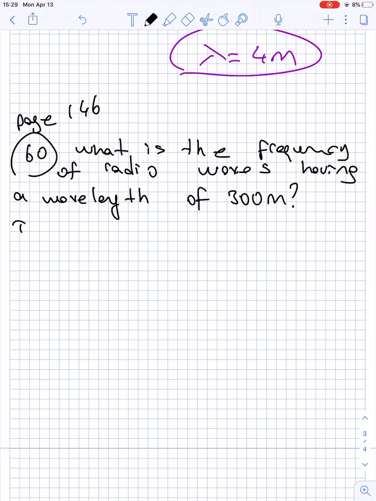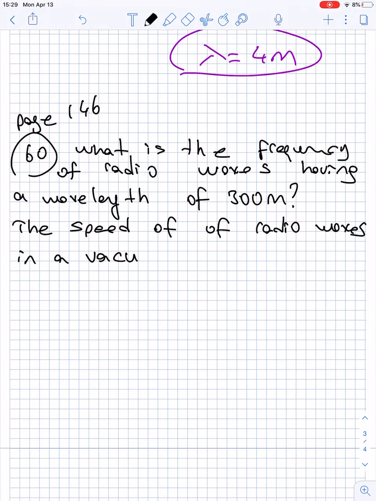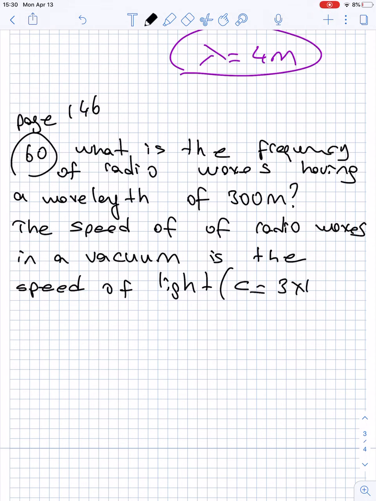The speed of radio waves in a vacuum is the speed of light. c is equal to 3 times 10 to the 8 meter over second. This is always constant.